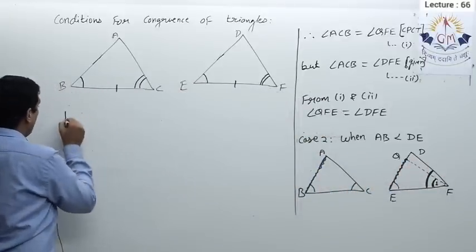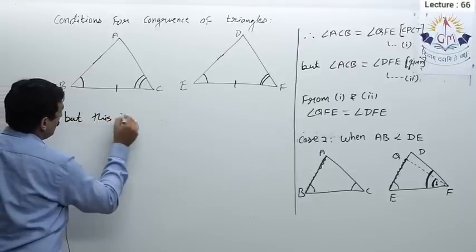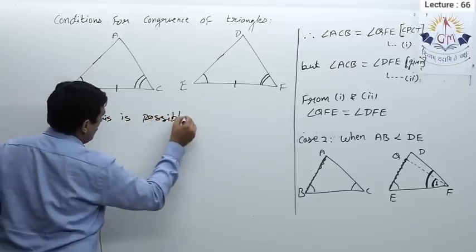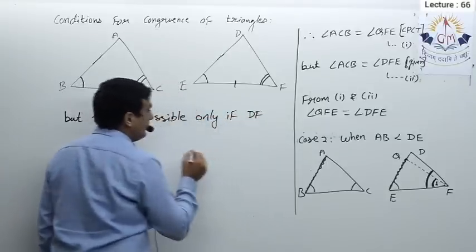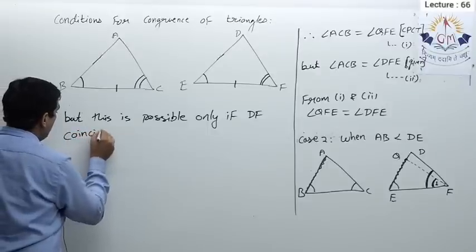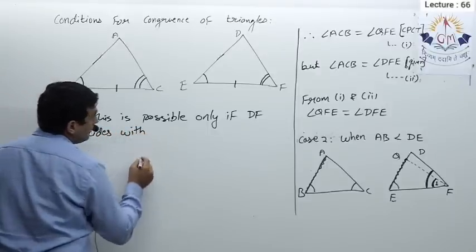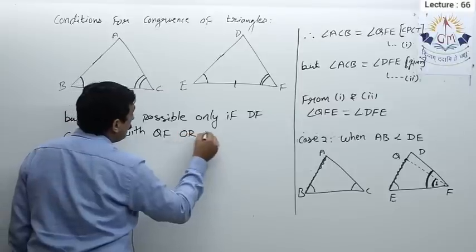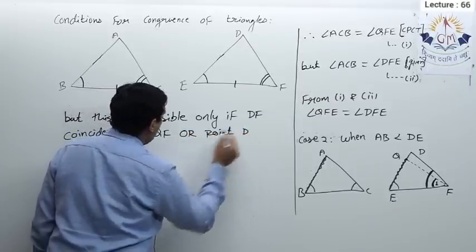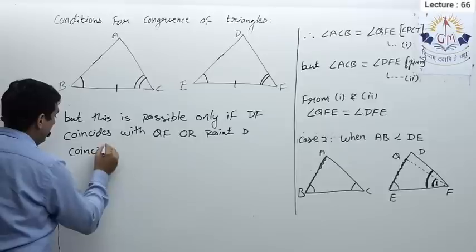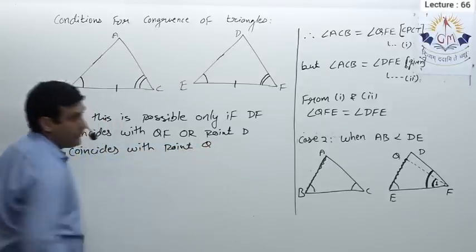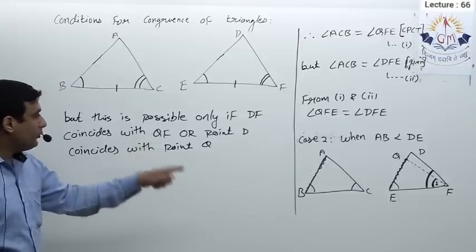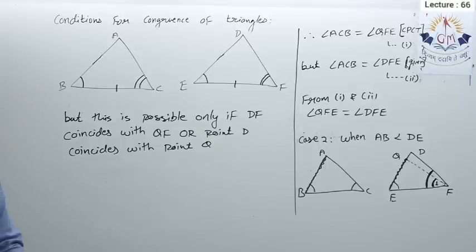After this I will write: but this is possible only if DF coincides with QF or point D coincides with point Q.